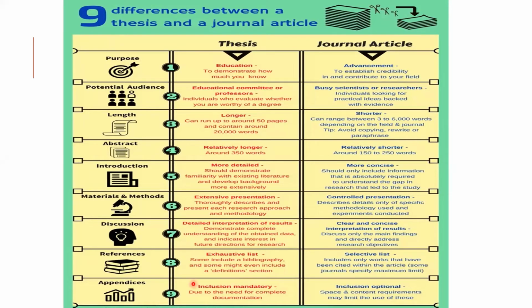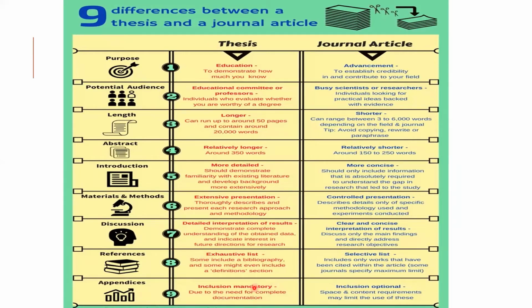But when you turn it into a journal article, you need to make sure you use the reference style of that journal, so you need to change the reference style from, let's say, APA to IEEE, or APA to Harvard, or APA to any other style you need to use. And the same thing for appendices. In the thesis, you need to put them at the end.